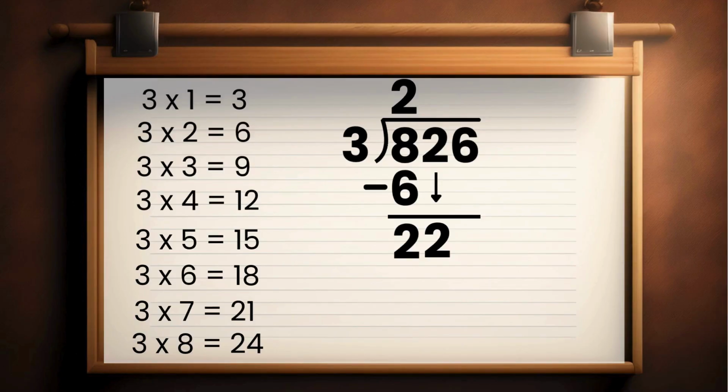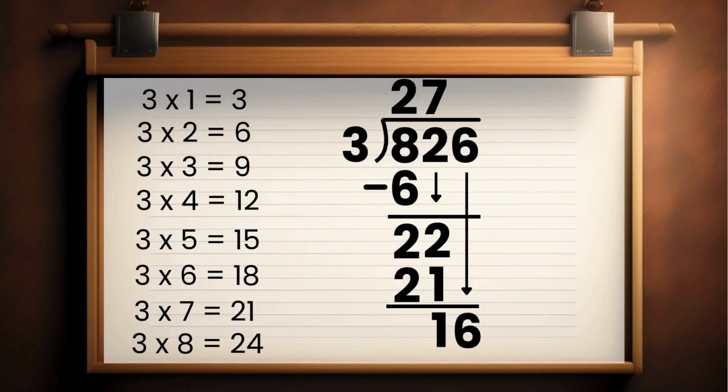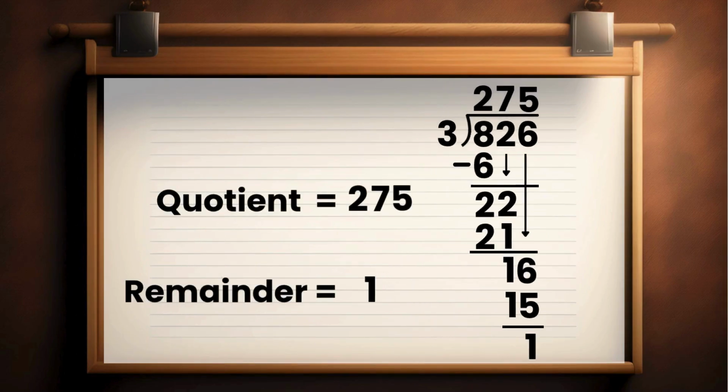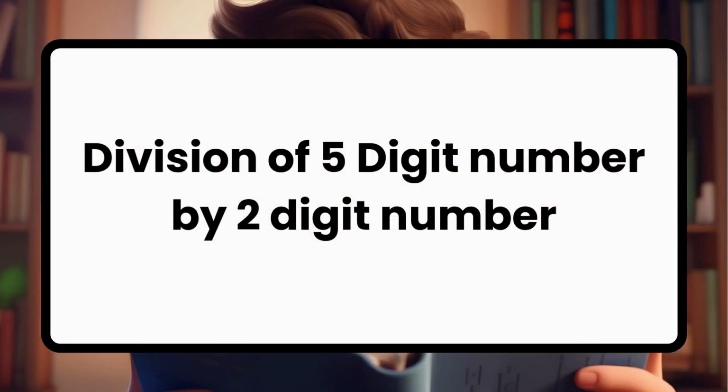And 3 into 8 equals 24. So use 7. Then subtract. We get 1 left. Now bring down the next digit. Repeat the same process. Use 5. Upon subtracting, we get 1 as remainder. Our quotient becomes 275.